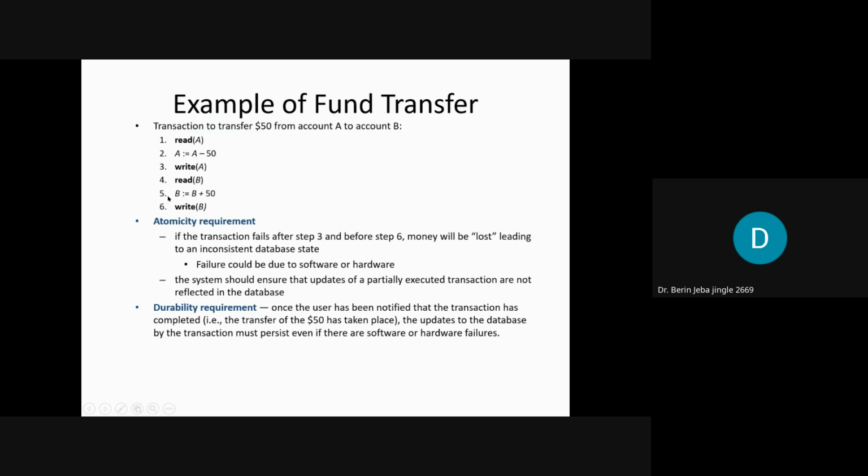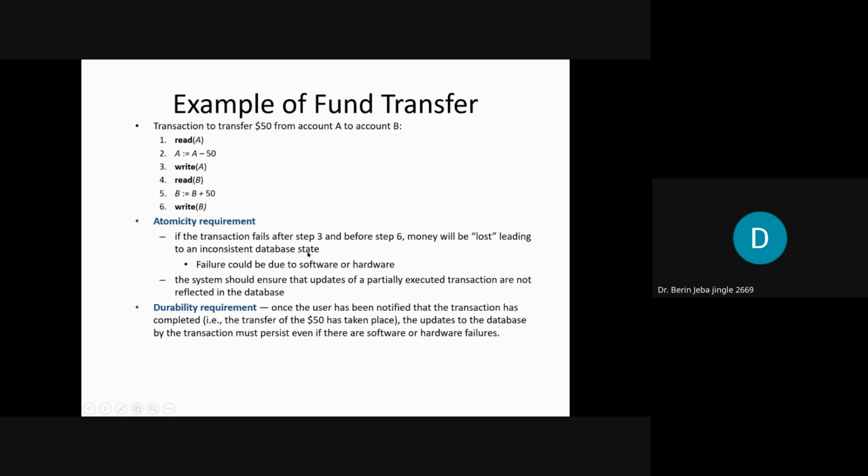The first requirement is atomicity. What is atomicity? If the transaction fails during the transfer, in step 3 before step 6, it leads to money lost, leading to inconsistent database states.